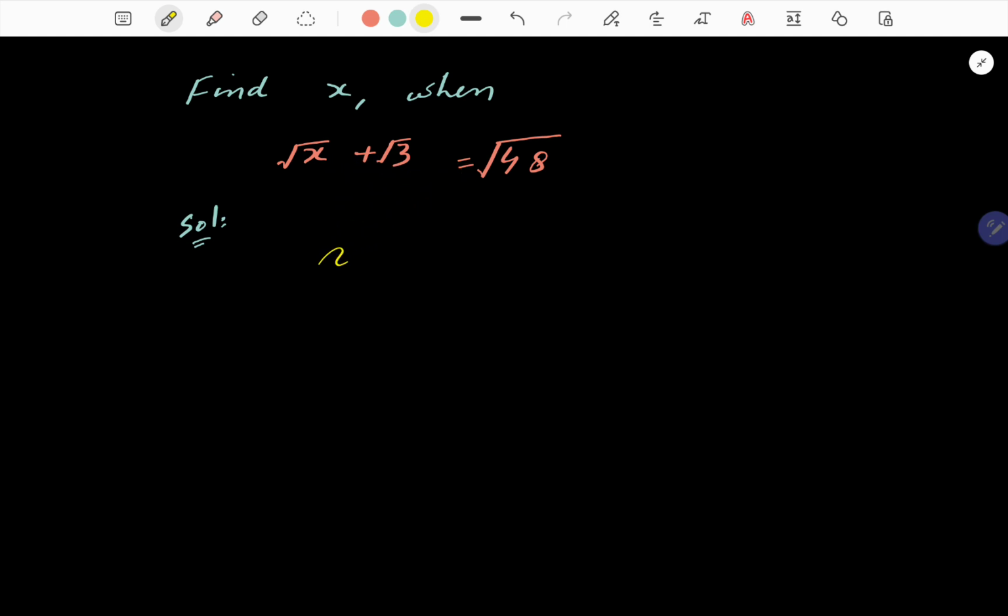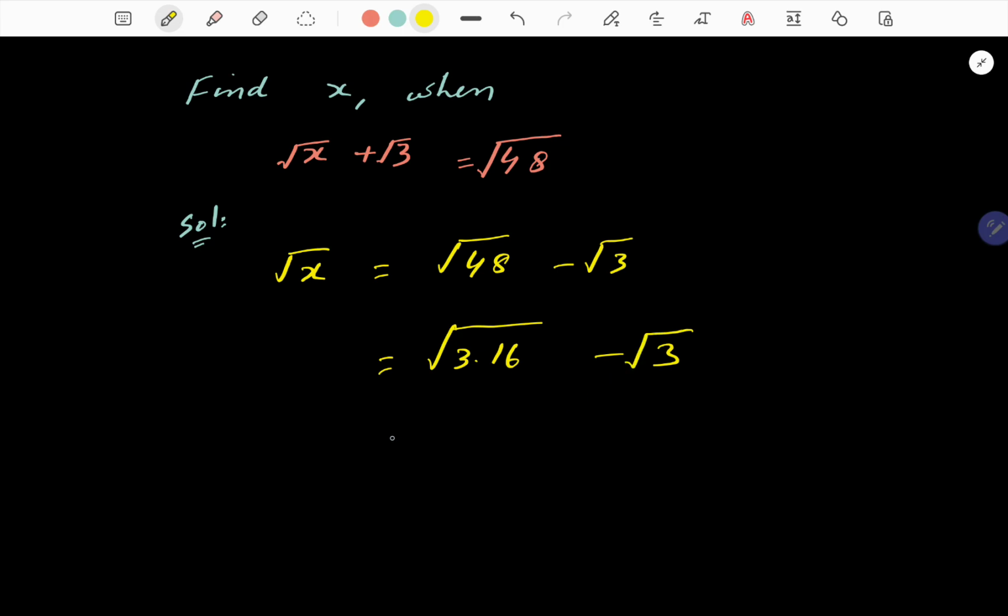From here we can separate square root of x, which can be written as square root of 48 minus square root of 3.